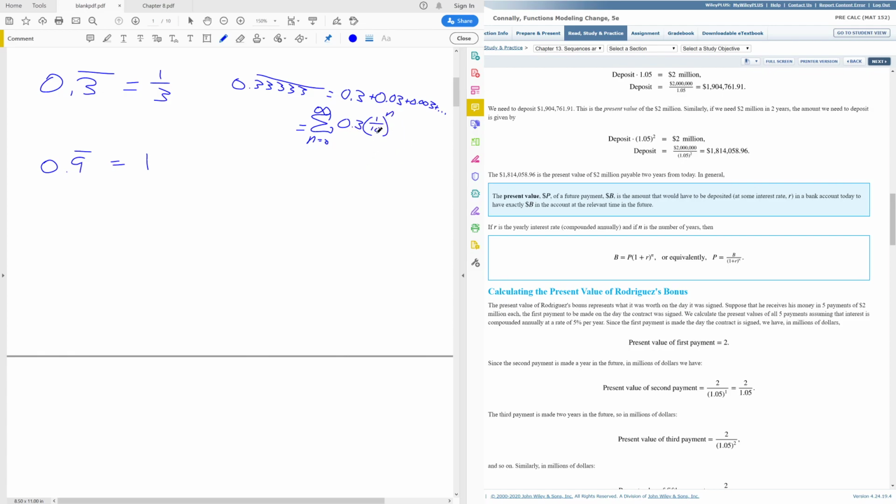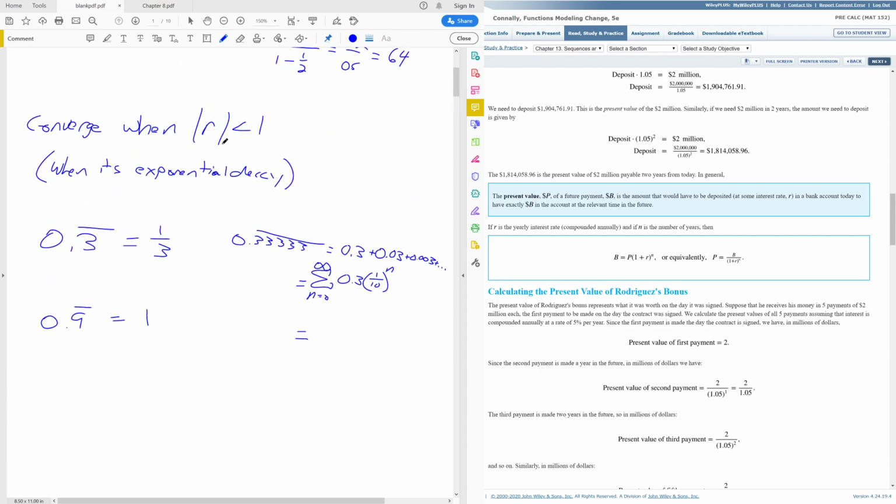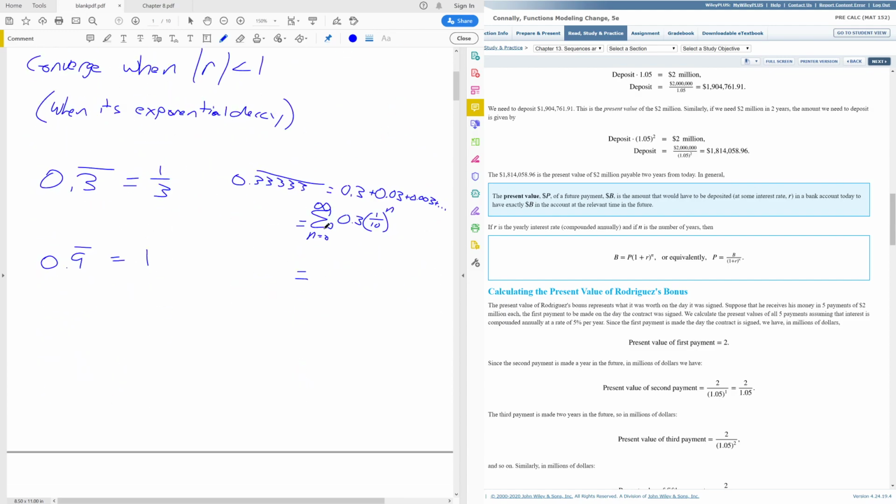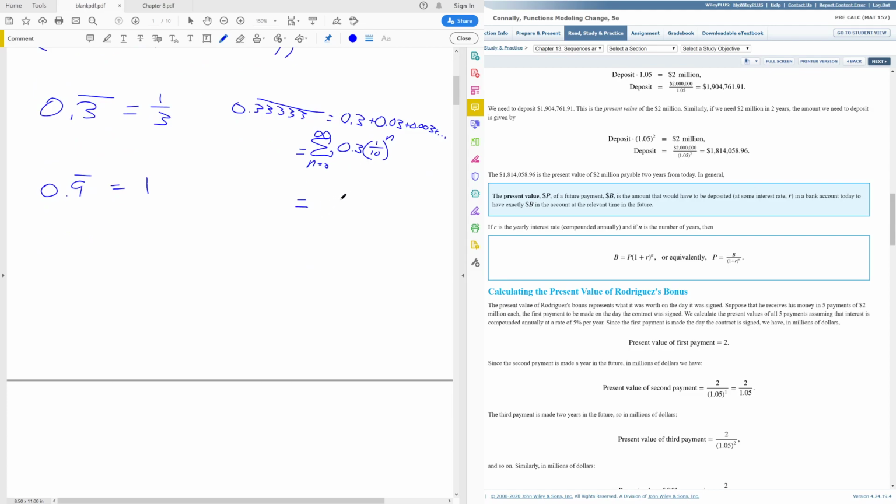So that's the equation, right? That's the function there. That's how I express this. And so now I can just use the formula of a over 1 minus r and say, okay, well, the 0.3 is my first term, and the r is 1/10, so 1 minus 1/10.